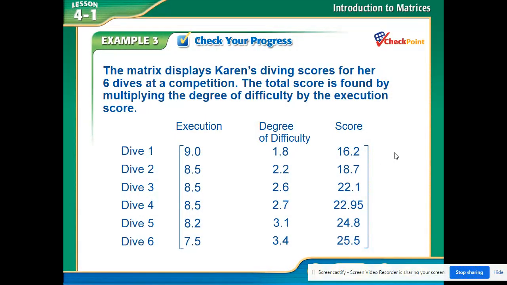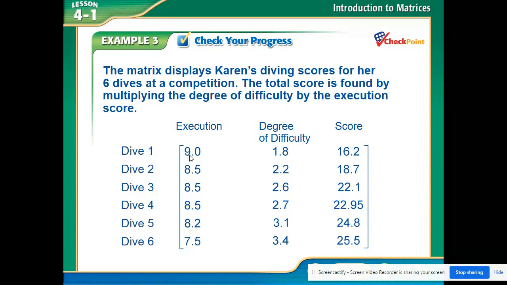All right, here we have a matrix displaying Karen's diving scores. If you do not know anything about diving, you get a value for execution, and then you multiply it by your degree of difficulty, how difficult the dive was, and that gives you your score. Obviously, you want to have the highest score possible when you total them all up.